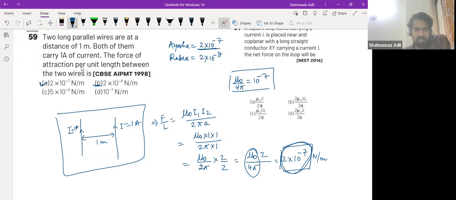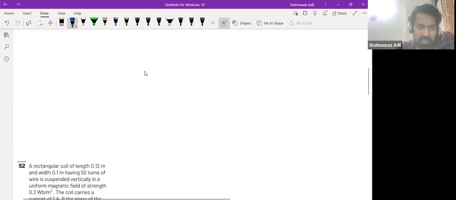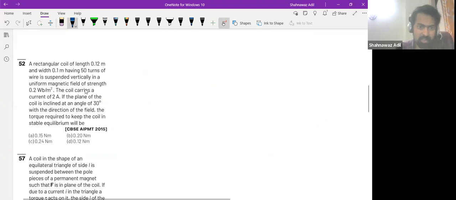So this is the definition of 1 ampere that we have talked about in CBSE, right? You guys remember? Okay, so let us move on to the next thing, and now let us find out.